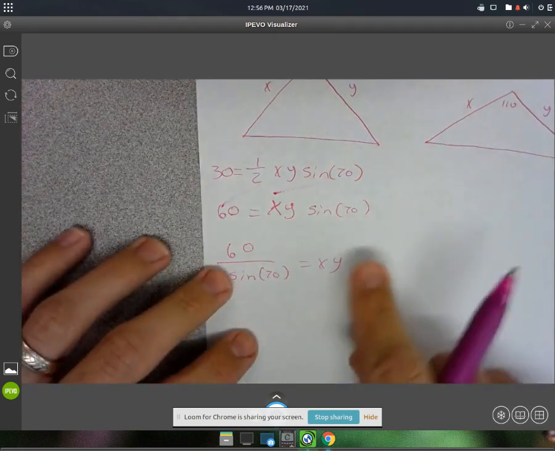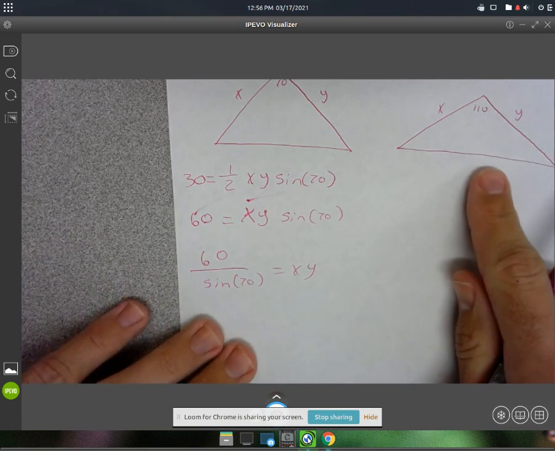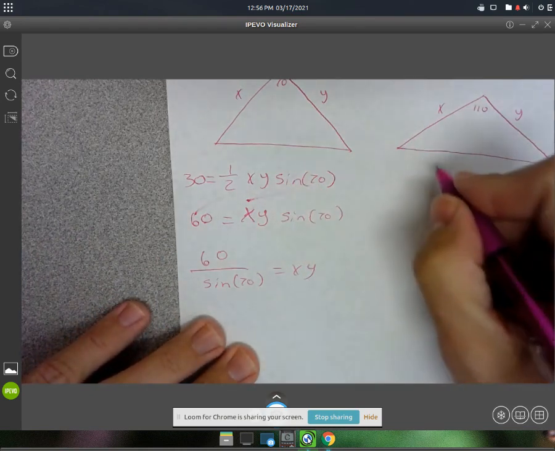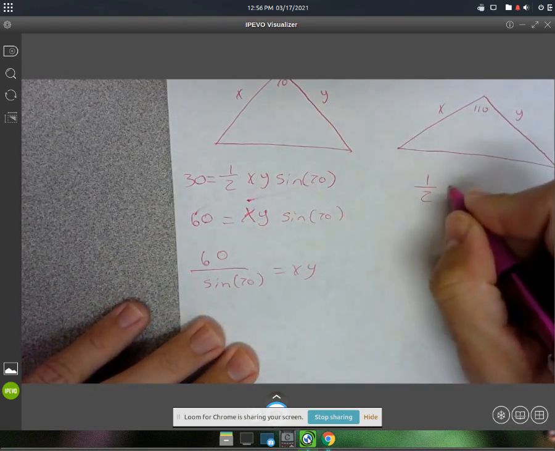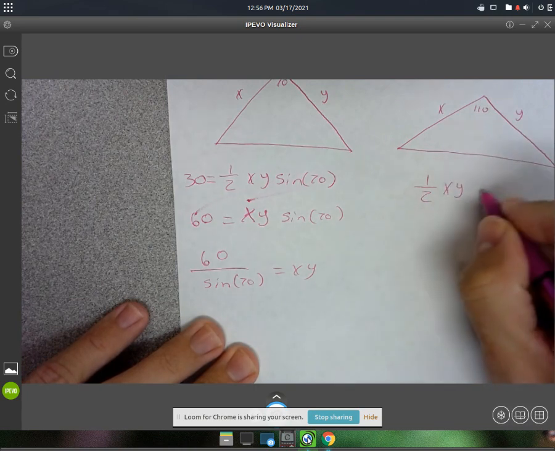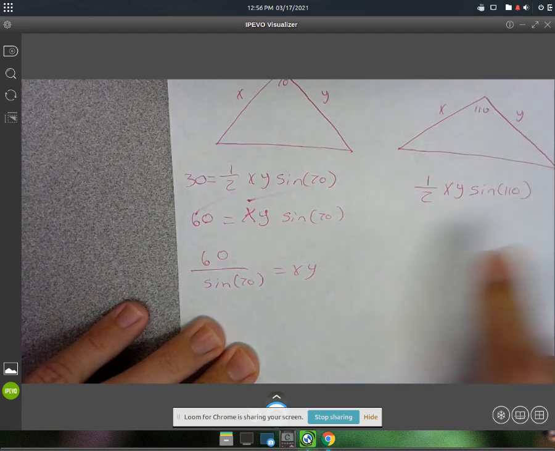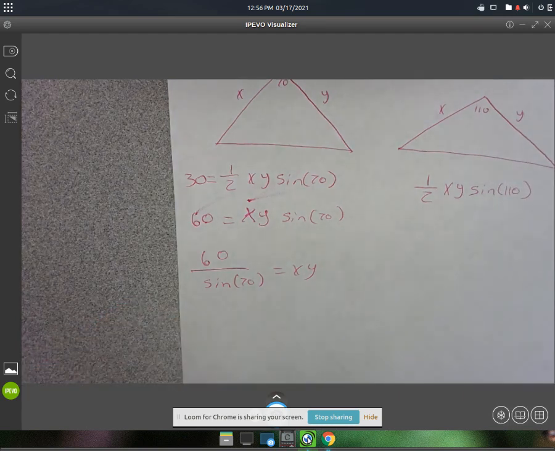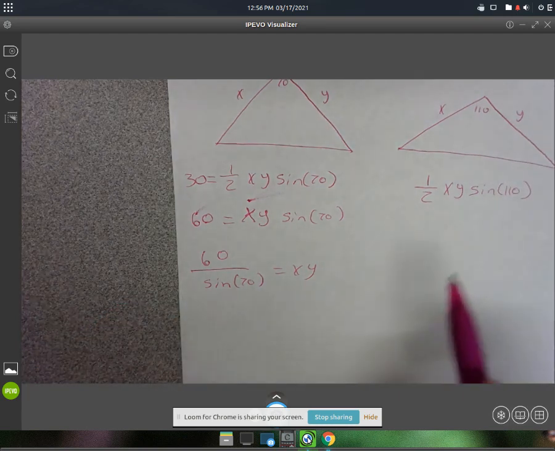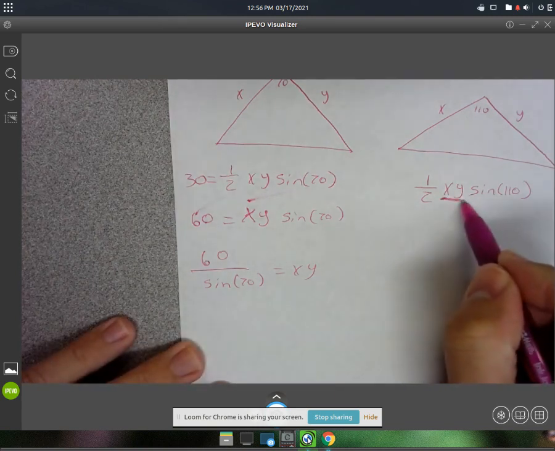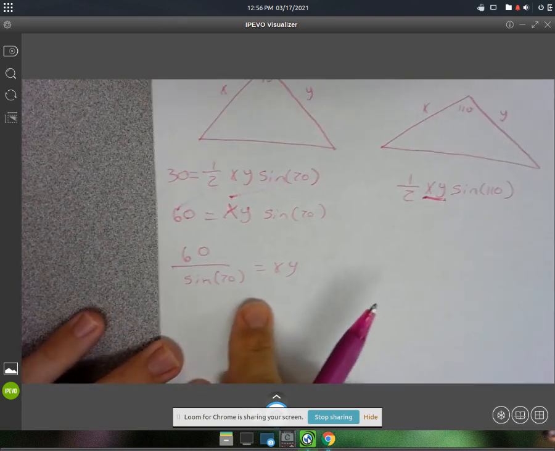Nice. Now I go over here and I'm going to apply the area formula again. So it's 1/2 xy, but this time it's going to be sine of 110. And I don't know the area. I'm actually going to have to calculate it. But I do know xy. That's why I solved for it over here.